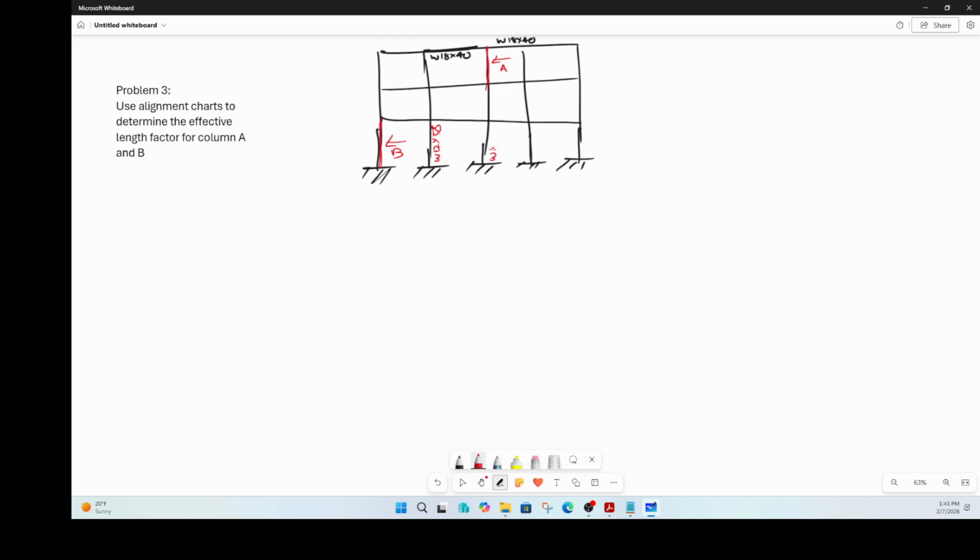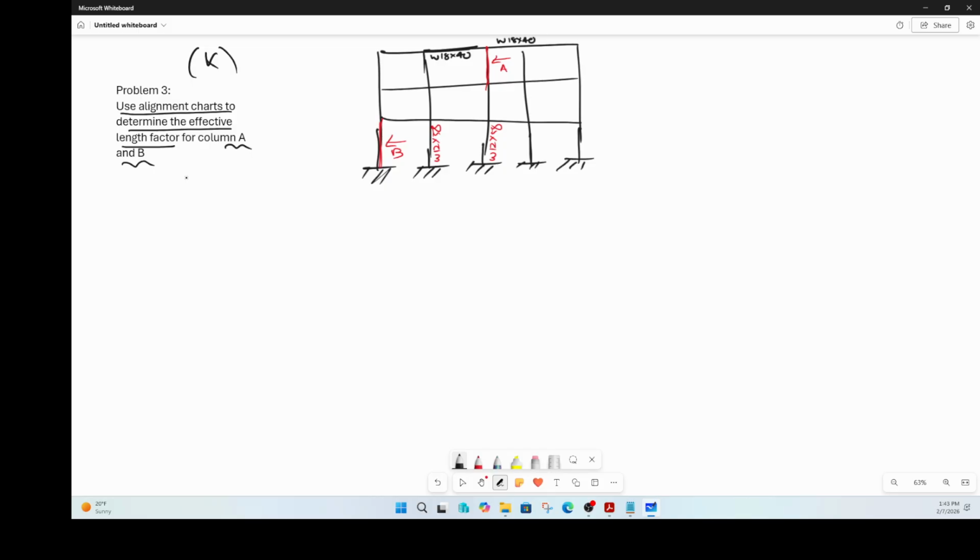So this is also W12 by 58. Now we have been asked to determine, now let's read the problem. Use the alignment charts to determine the effective length factor. Effective length factor means you have to determine the K value of column A and B. We will only do A, B is up to you.